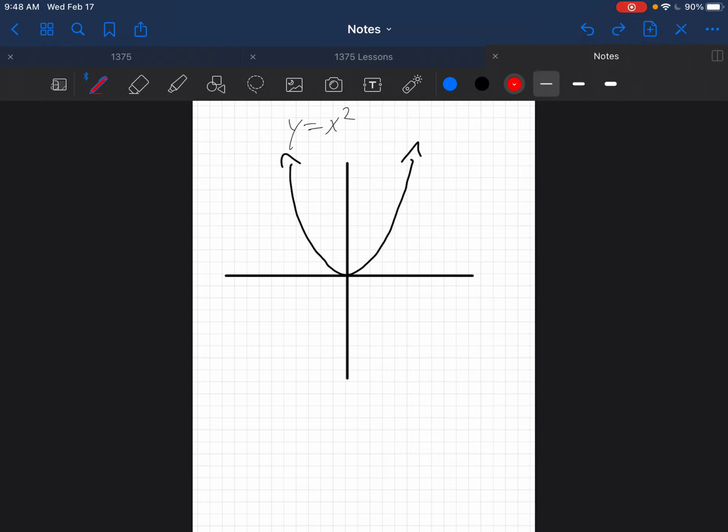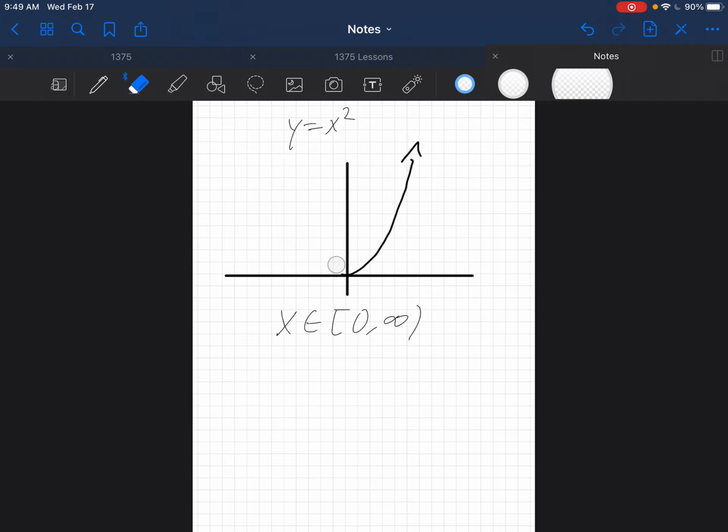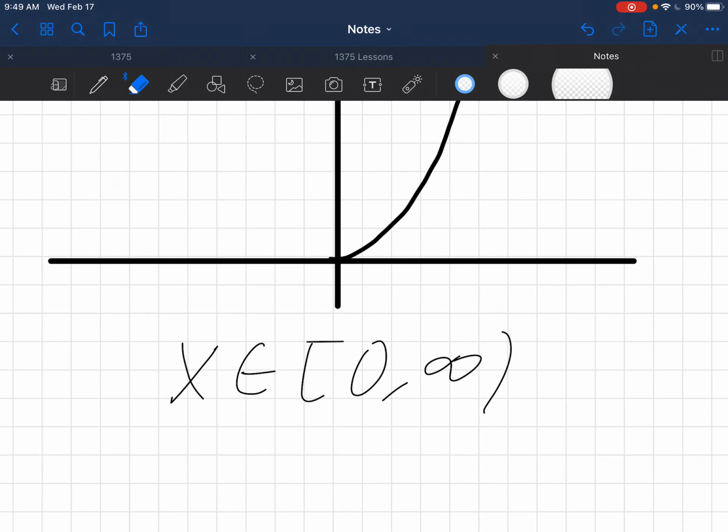So what some computers and functions do, what machines and stuff like that do, if they need to use y equals x squared as a one-to-one function, is a kind of hack: they can restrict the x values from 0 to infinity, effectively erasing half of this graph so that it does become one-to-one.